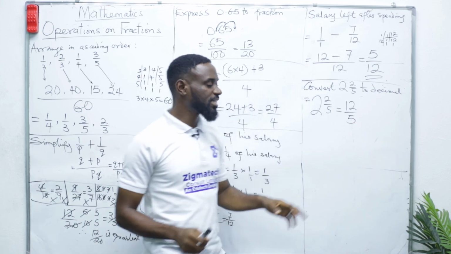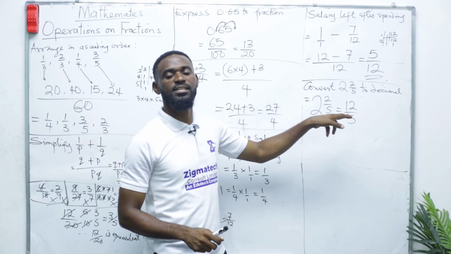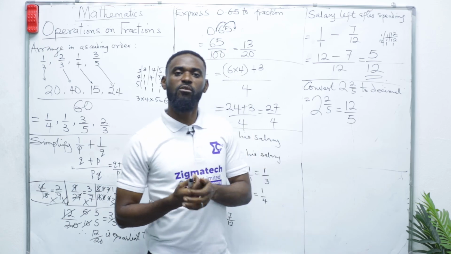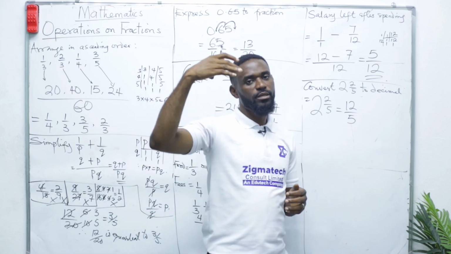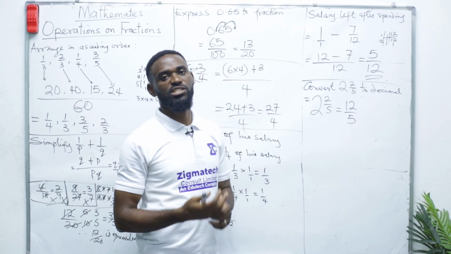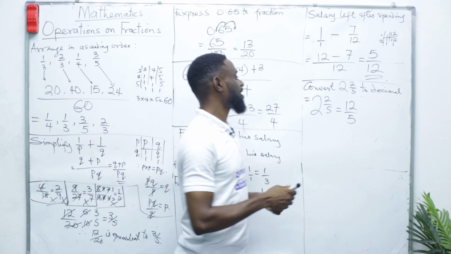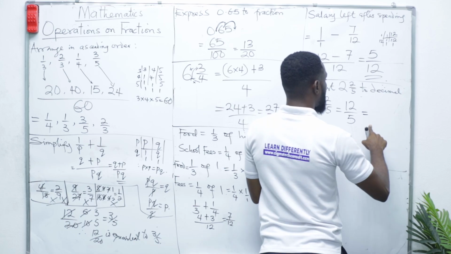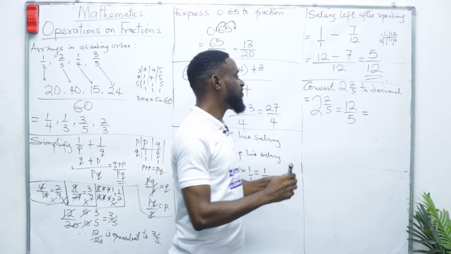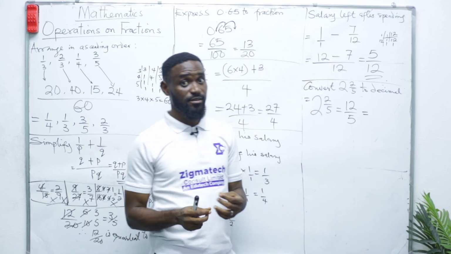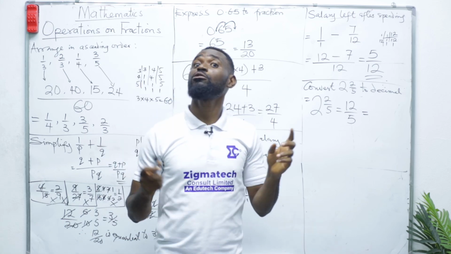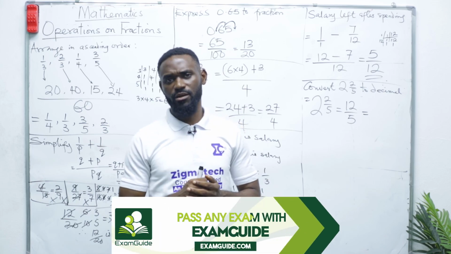So this is the improper fraction. We want to convert it to decimal number or decimal fraction as the case may be. So can 12 be divided by 5? The answer is yes, but there will be a remainder. That remainder, we also have business with it.